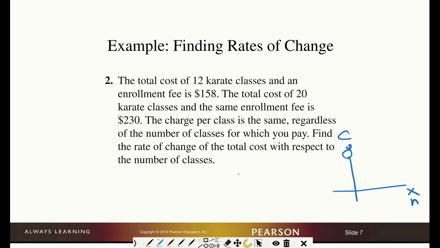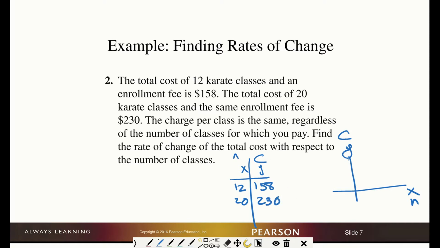So if we were to do a table, instead of having x, y, we would have n, c, like that. And we know that when n is 12, meaning the number of classes is 12, the cost is 158. And when the number of classes is 20, the cost is 230.